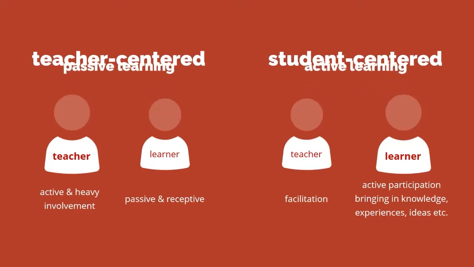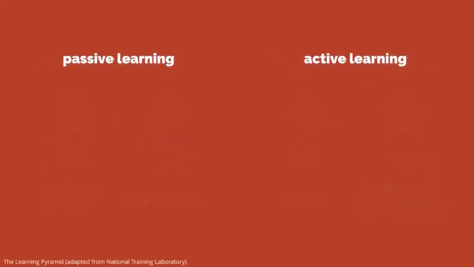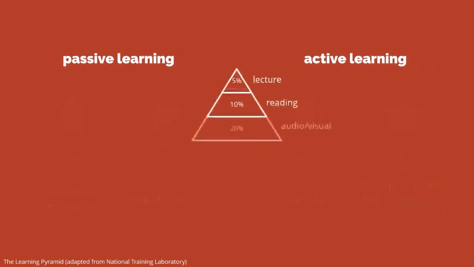Different studies have shown that the various learning methods and materials used may vary, improving students' knowledge retention and recall of information and enhancing learning experience. According to the learning pyramid developed by the National Training Laboratory, the students are able to remember only 5% of the information they learned from listening to the lecture.